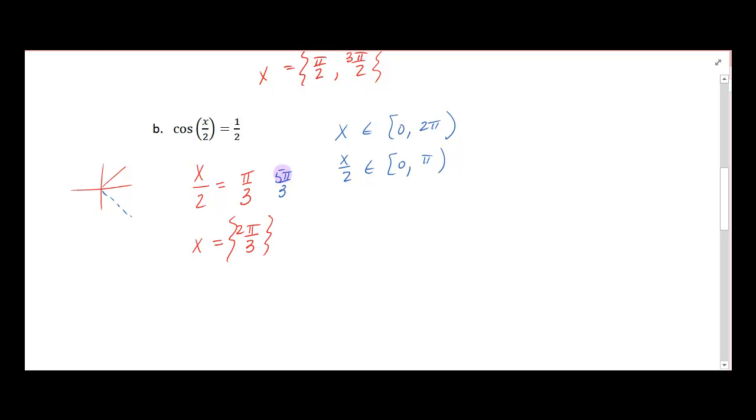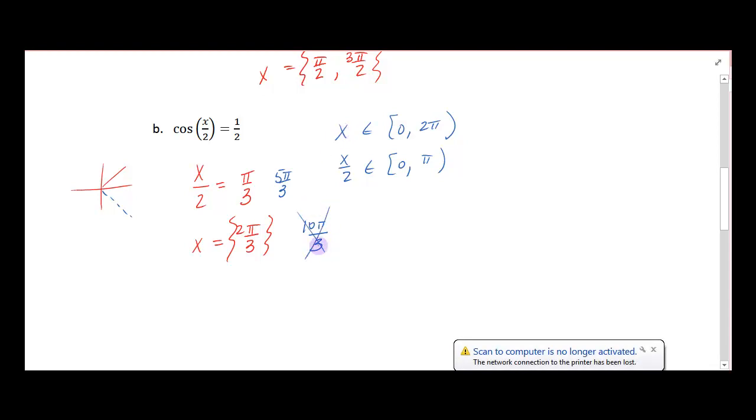Well, if I multiplied everything in here by 2, because I'm now solving for x, I would end up with 10 pi over 3. And again, 10 pi over 3 is all the way around plus more. 10 pi over 3 is not on the interval between 0 and 2 pi, which is the criteria for x. So if for some reason I don't catch it when I've done the half angle interval, I should catch it when I do the full angle over here.